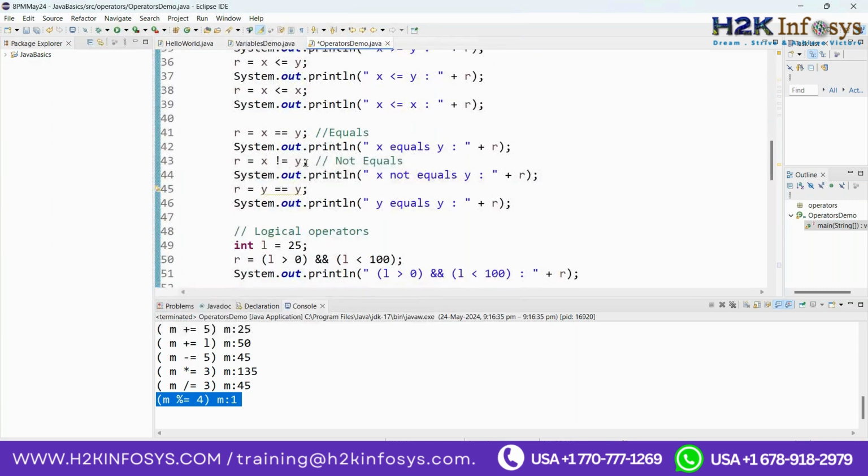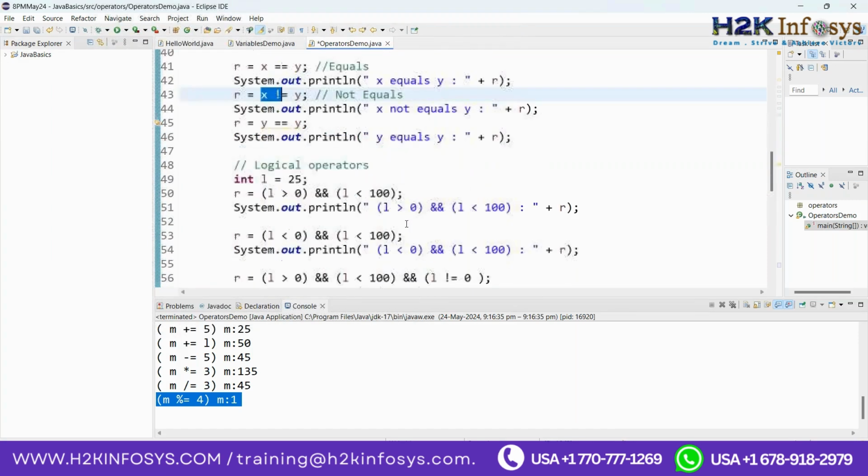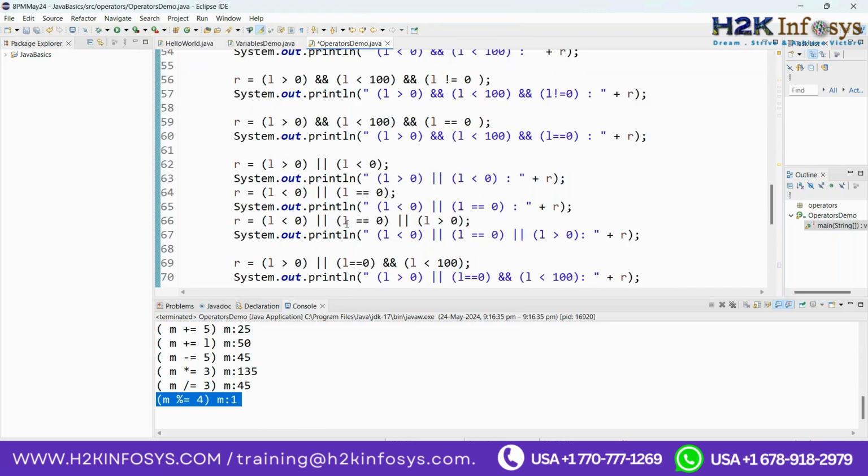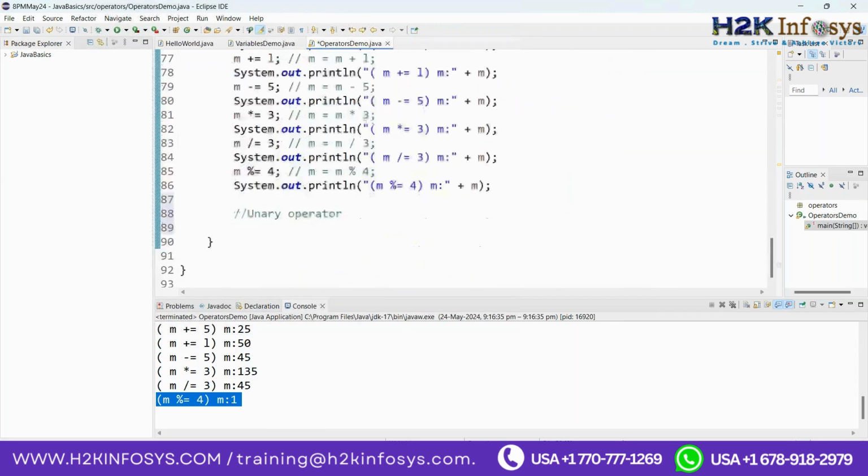Here also two operands, and even here we have two expressions or conditions. Everywhere two so far. But unary operators means only one. Unary means one, right? These operators are used on only a variable or an operand.